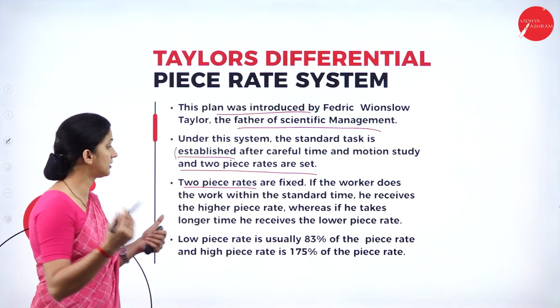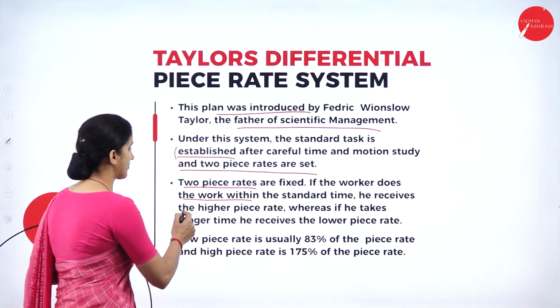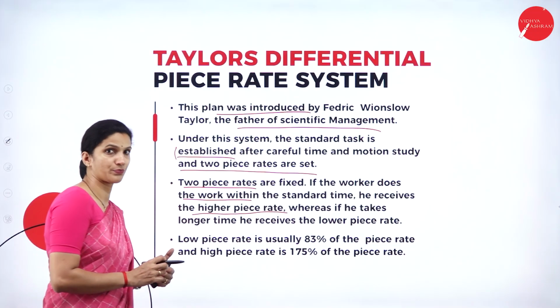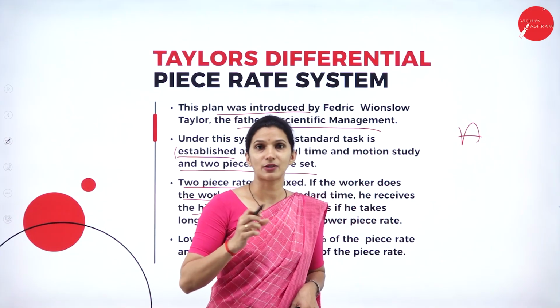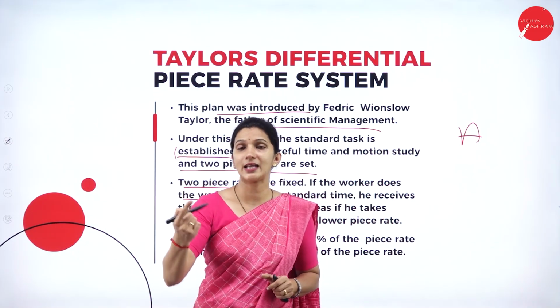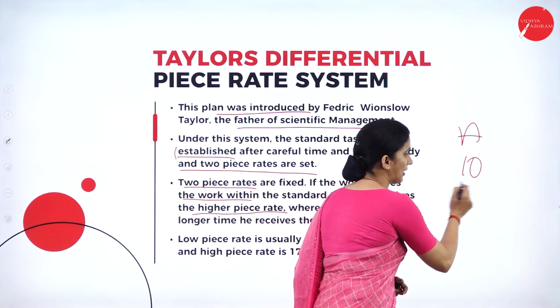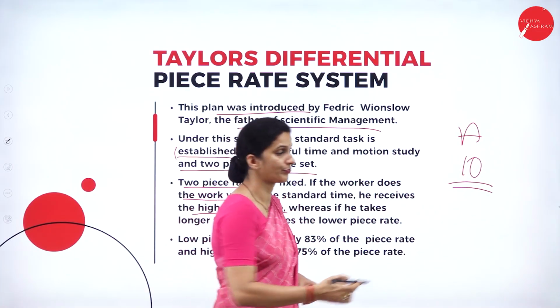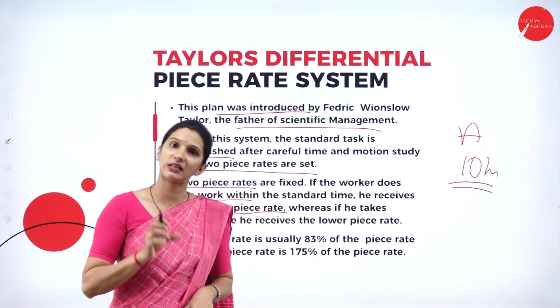If the worker does the work within the standard time, he receives the higher piece rate. For example, I take worker A, and the standard time given to complete the task is 10 hours.